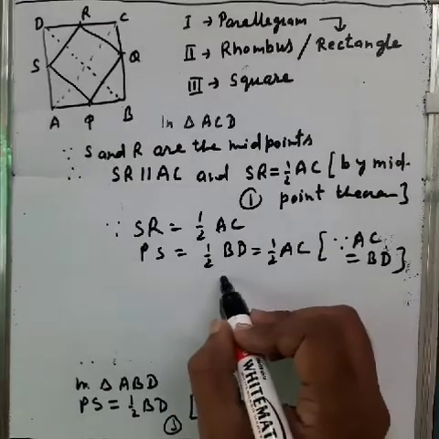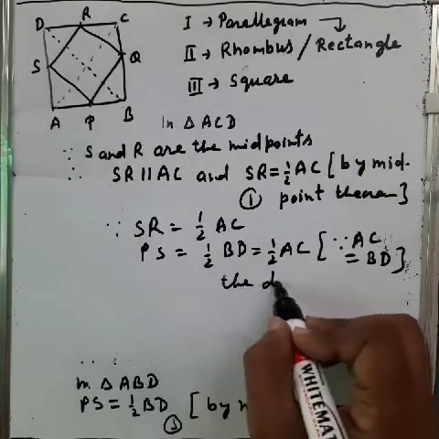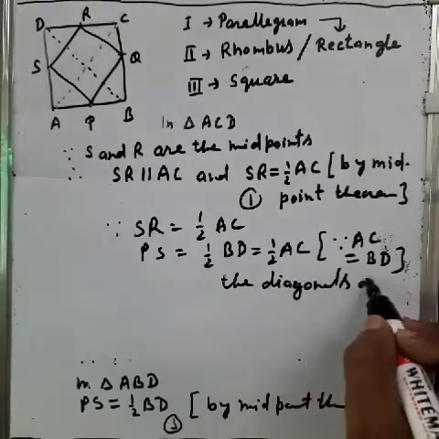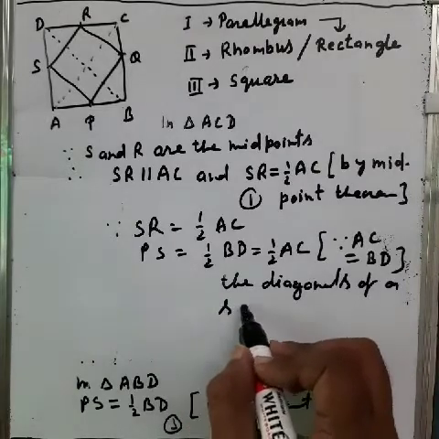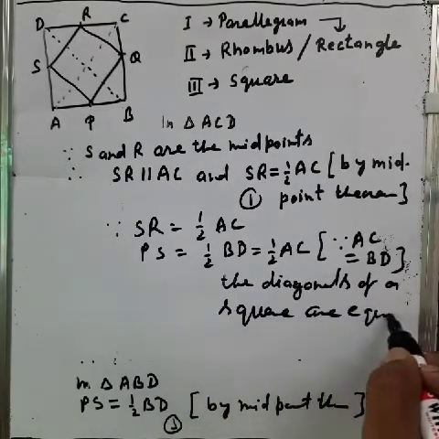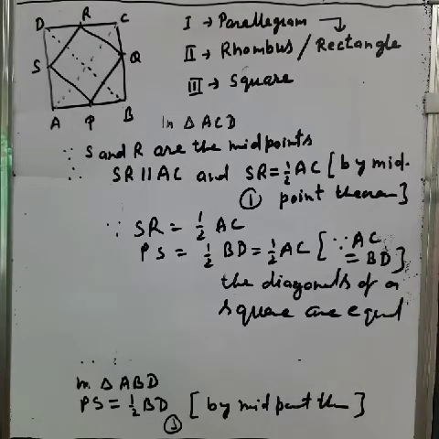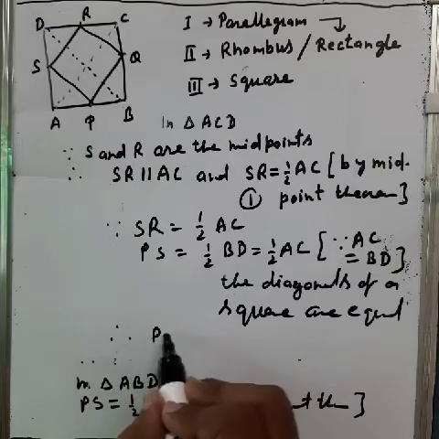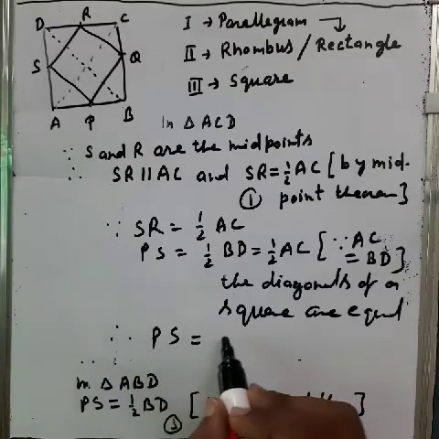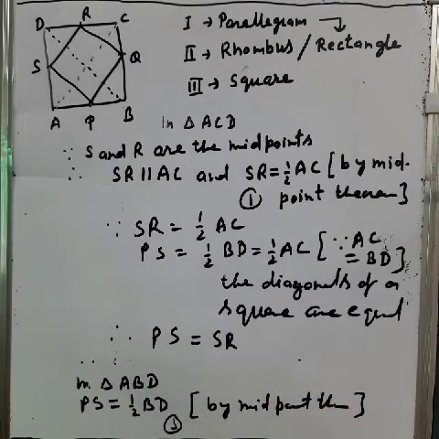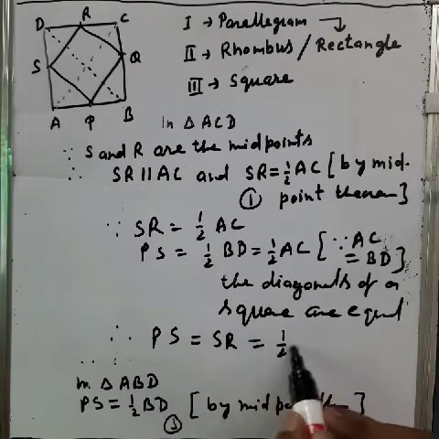The diagonals of a square are equal. So hence we can say PS equals SR equals half of AC.